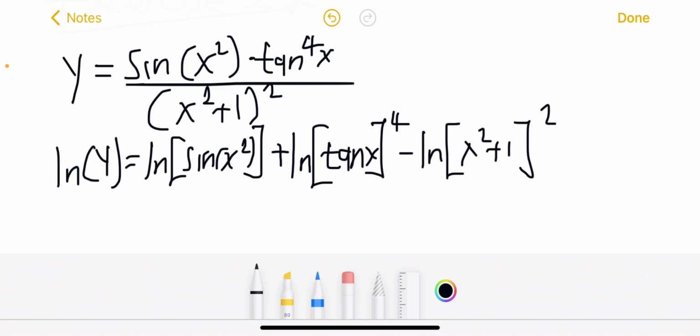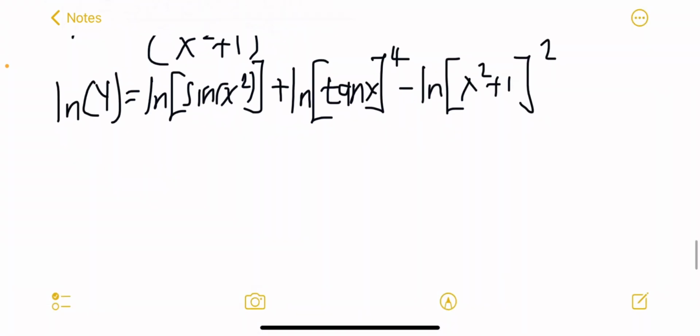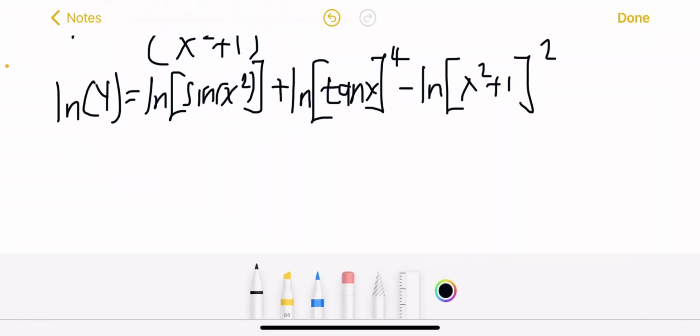Okay, so now the only thing left is to differentiate. The derivative of ln y is 1 over y dy over dx, because we're deriving y. And the derivative of ln of something is 1 over that something.